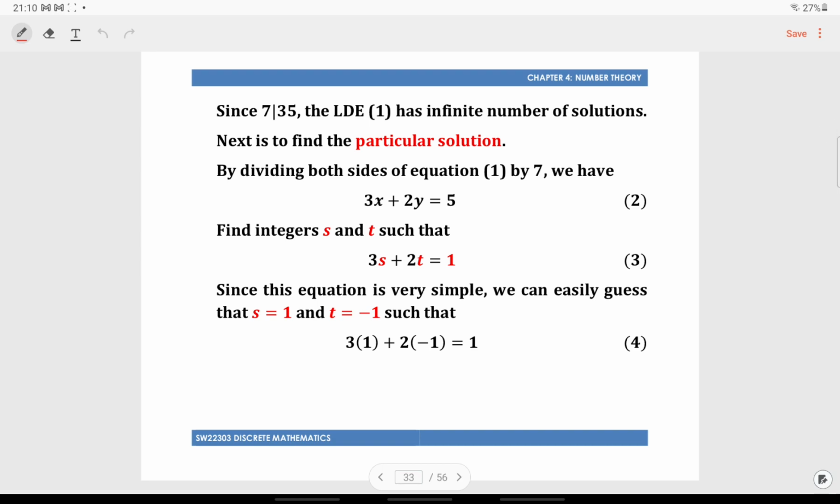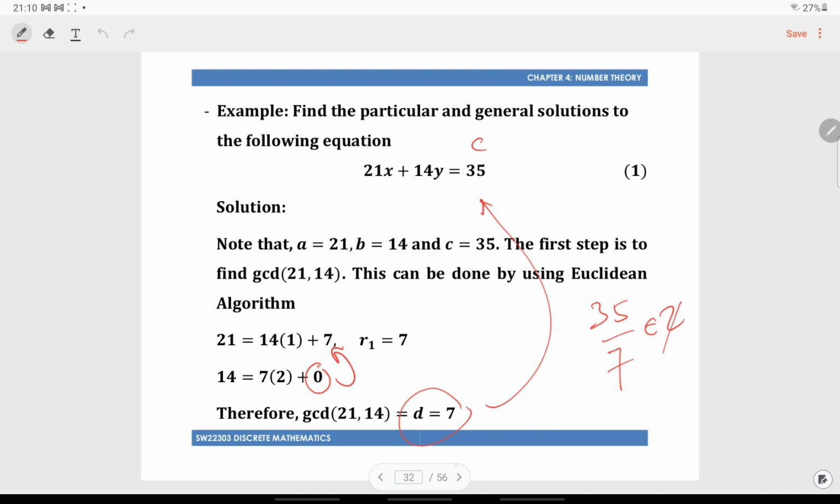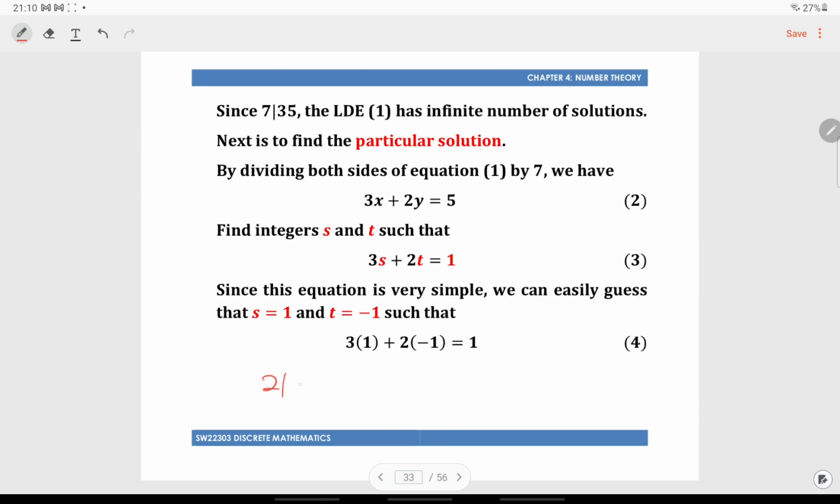So we start by finding the particular solution for the LDE. The first step is to divide both sides of the equation by 7. Our original equation is 21x plus 14y equal to 35.